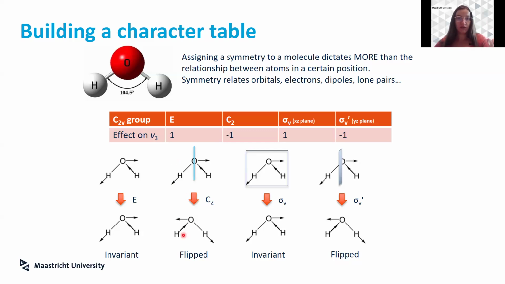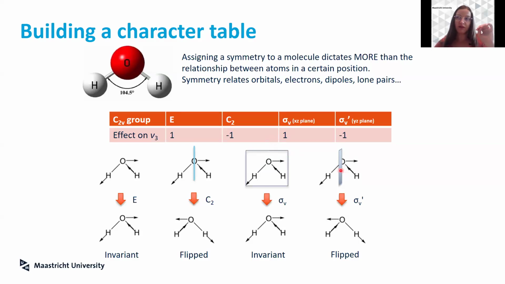You can notice it, which means it's not 1, but it's -1. If you apply the first mirror, which is the mirror that contains the rotation axis, you get the same thing, because this is the plane of the page, so nothing is changing. So this thing is invariant. So the first sigma v will bring you to invariant.